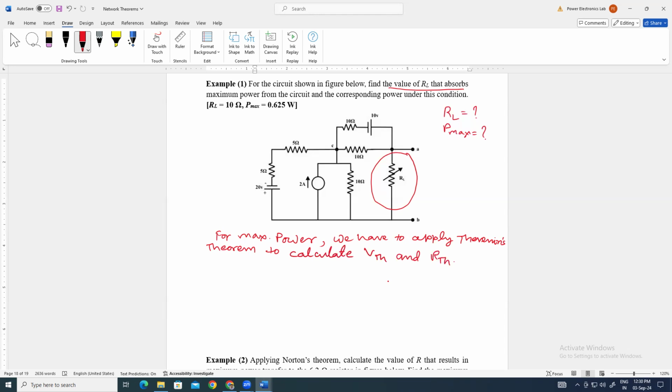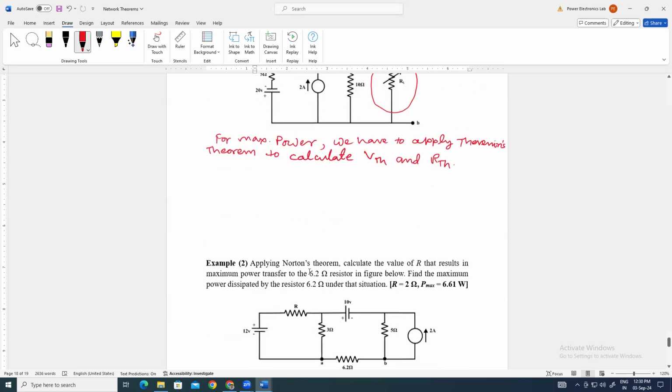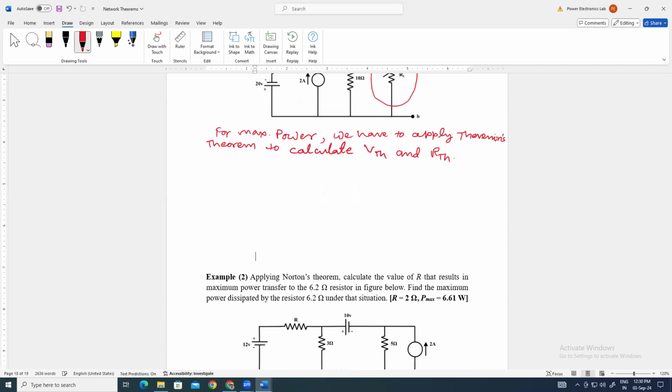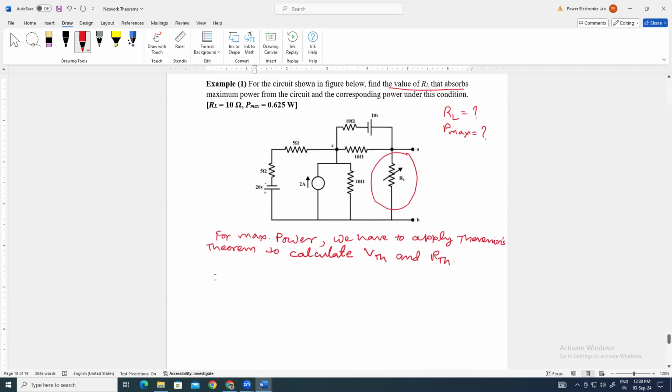So how can we solve? We have to calculate the value of VTH. So first we will redraw the circuit.